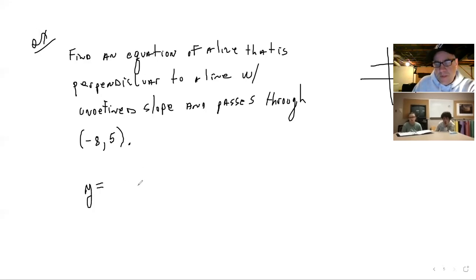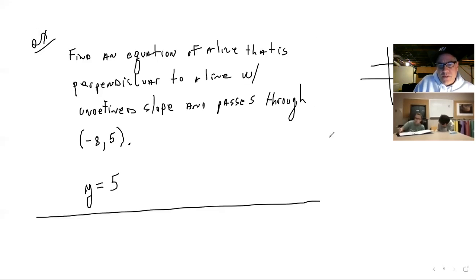And for a horizontal line, the constant is always the y coordinate. So if this is a point that this line passes through, every y coordinate has to be 5. Does that make sense?